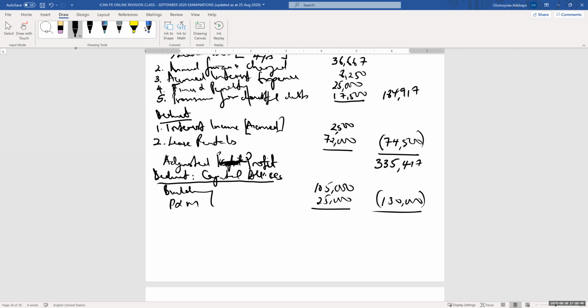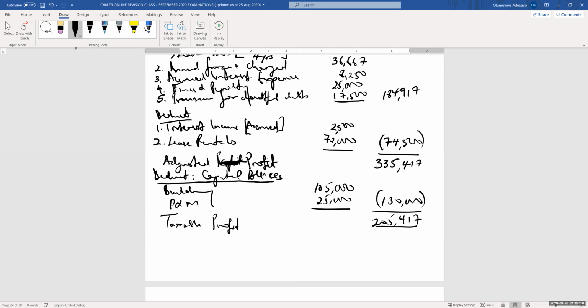All things being equal, our taxable profit is how much? 335,417 minus 130. That should give us 205,417.